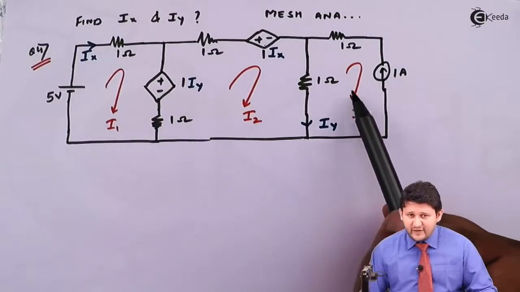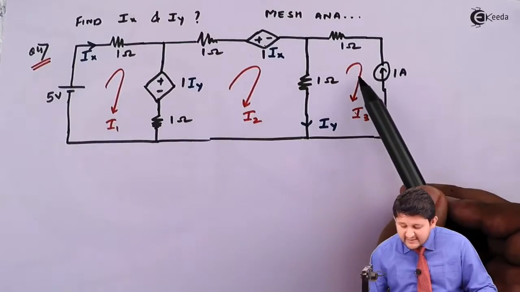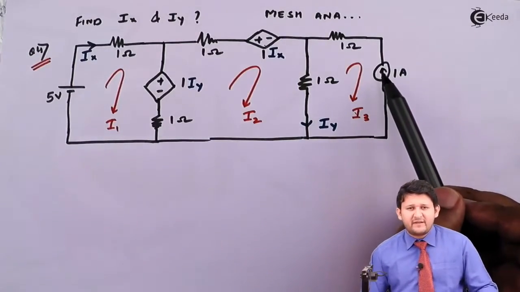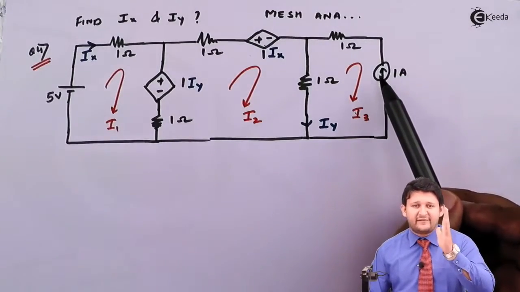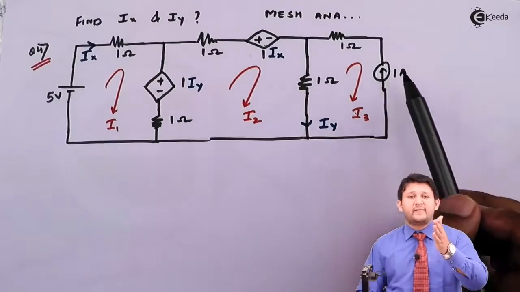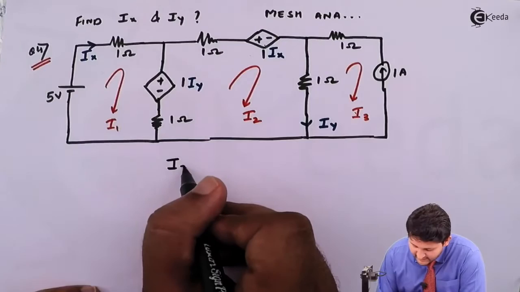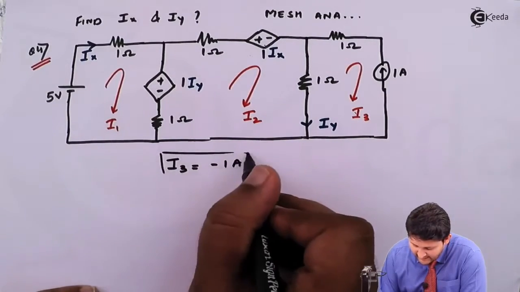If you observe carefully, is the direction of I3 and the 1 ampere source the same or different? Obviously it is different. When the direction is different, the sign will be negative. When it is the same, it will be positive. So starting from I3, the value for I3 will be -1 amperes.